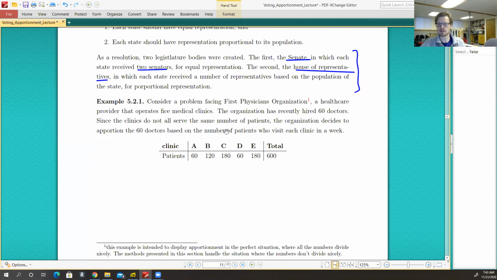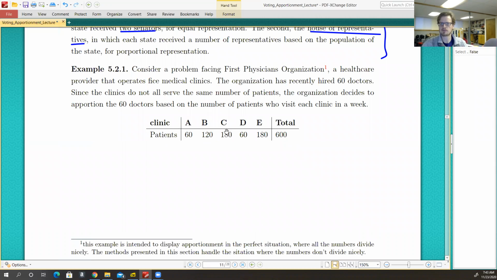This example is set up for convenience. It's supposed to be very nice, so there are no concerns about how to distribute the things we're distributing. Look at a problem facing the First Physicians Organization, a healthcare provider that operates 5 medical clinics. The organization has recently hired 60 doctors. That's a lot of doctors.